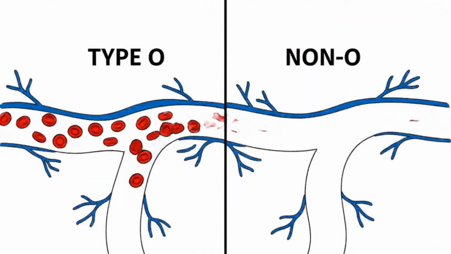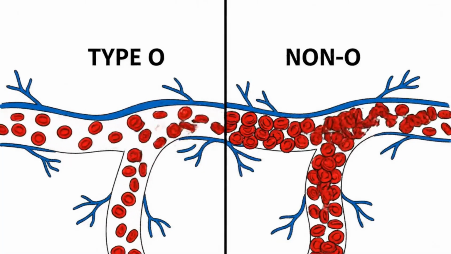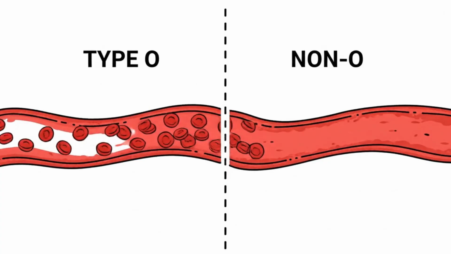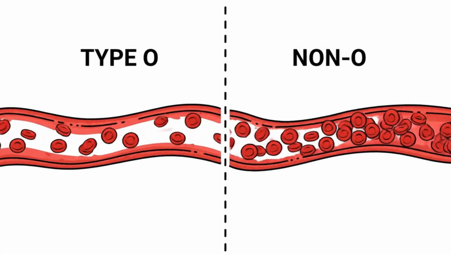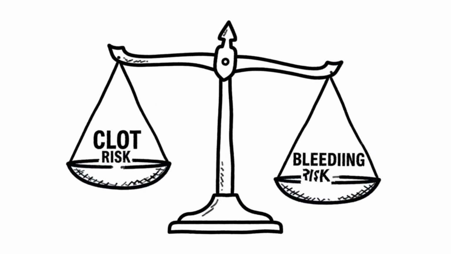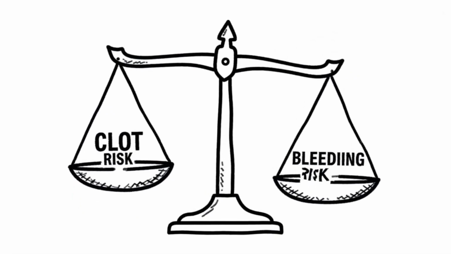Third, blood clotting. Blood type influences levels of certain clotting factors in the body. For example, people with type O blood tend to have lower levels of certain clotting proteins, which can reduce the risk of blood clots but increase the risk of bleeding. People with non-O blood types tend to have higher clotting tendencies, which slightly alters cardiovascular risk at a population level.